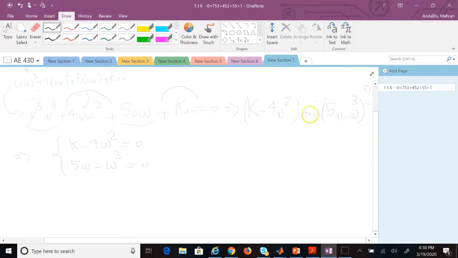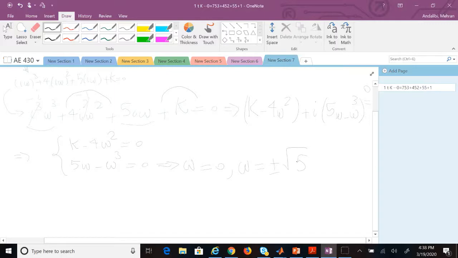A complex number is 0 when both of the components are 0, which is these two terms. And guess what this one gives us? If you solve for omega from the bottom one, there are three solutions. One is omega is 0 if you factor it out, and the other two are plus minus square root 5.